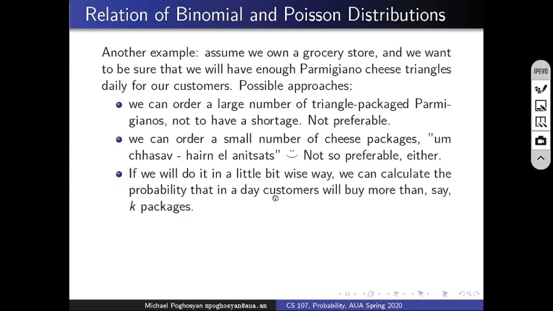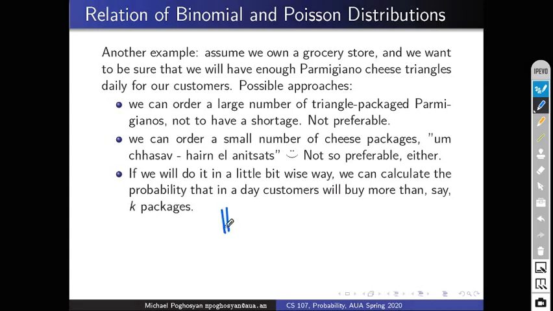So another wise approach is the following. We can calculate the probability that in a day customers will buy more than, say, K packages. If the probability that X will be 5 is very small, say 0.05, where X is the number of customers that will buy that Parmigiano cheese, then that's okay.